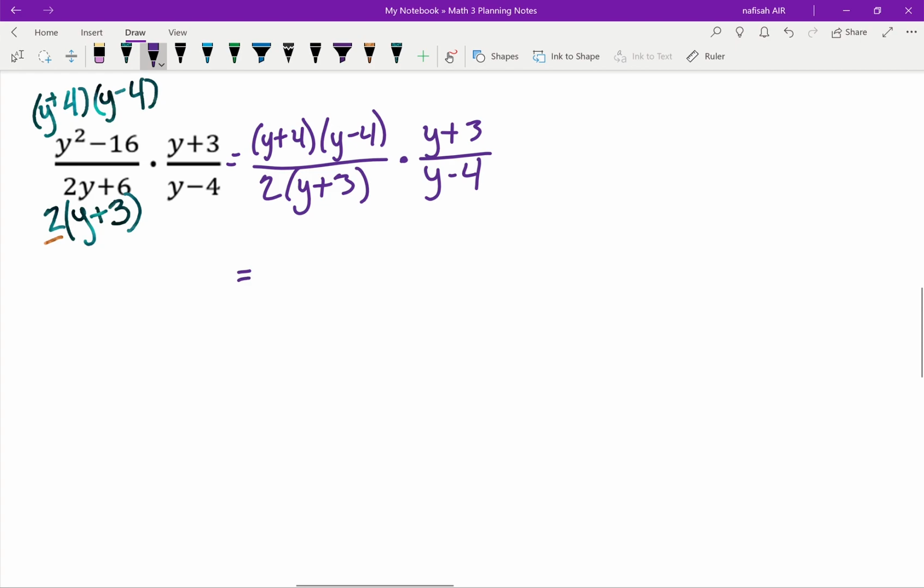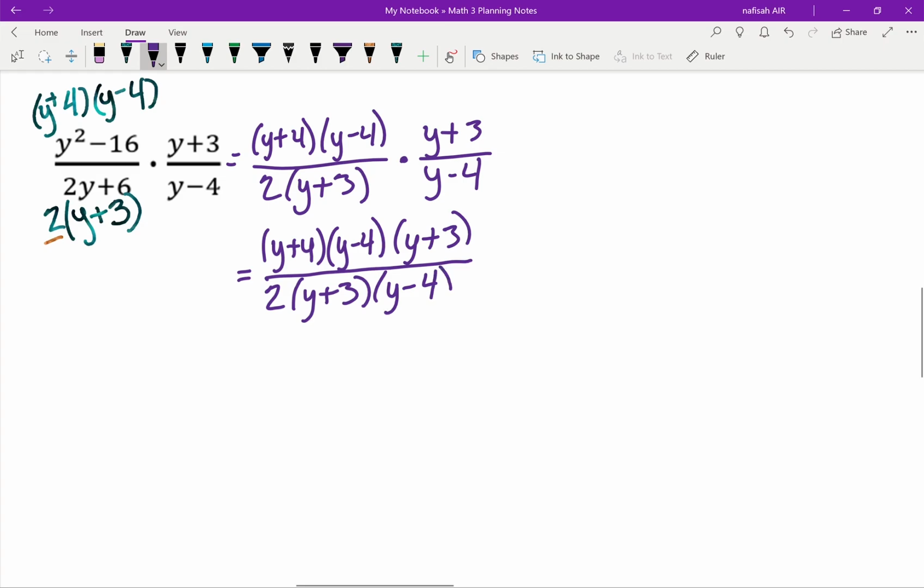I will end up with y plus 4, y minus 4, and even though that y plus 3 couldn't be factored, I need to make sure I put it in parentheses because it still is a numerator in itself. Divided by 2, y plus 3, y minus 4.